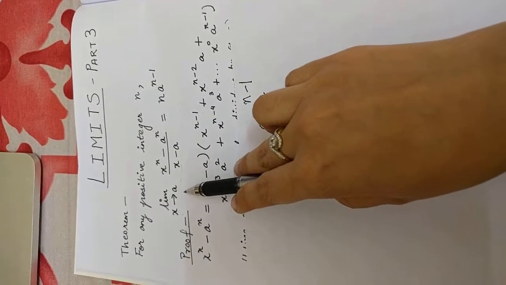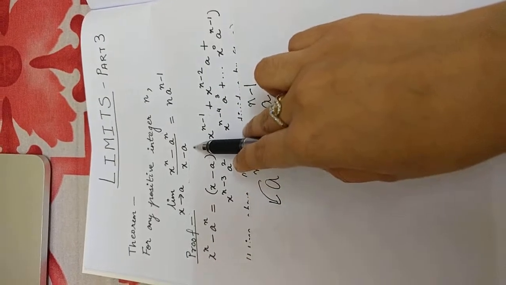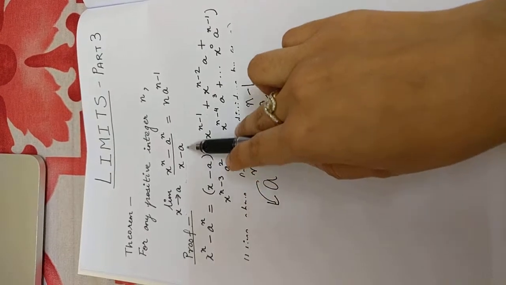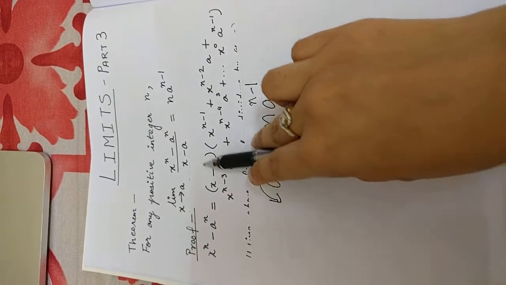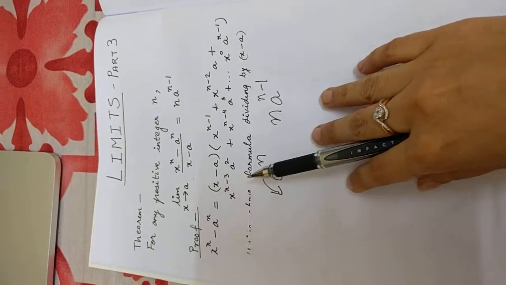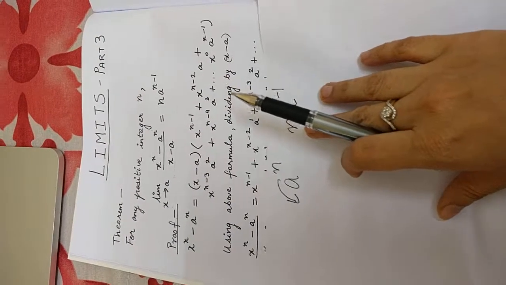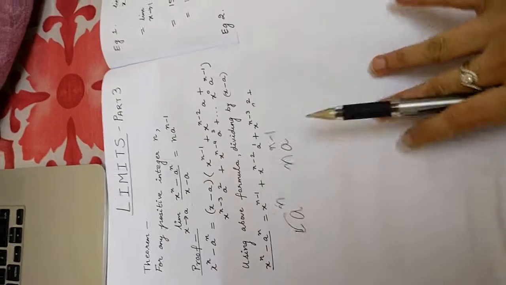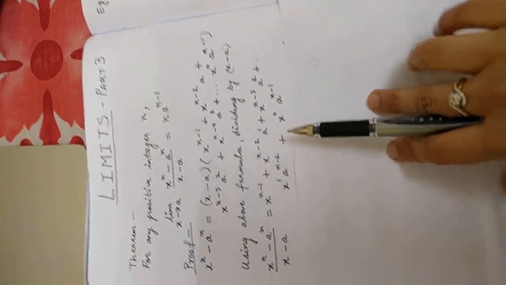So we have this limit x tends to a, x to the power of n minus a to the power of n upon x minus a. Now we'll divide this formula by x minus a. So this x minus a will cancel out, and we'll have this.